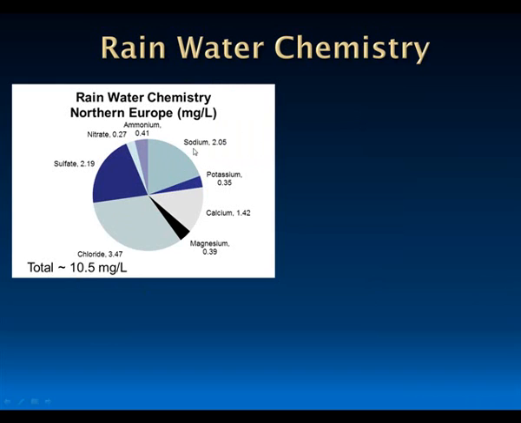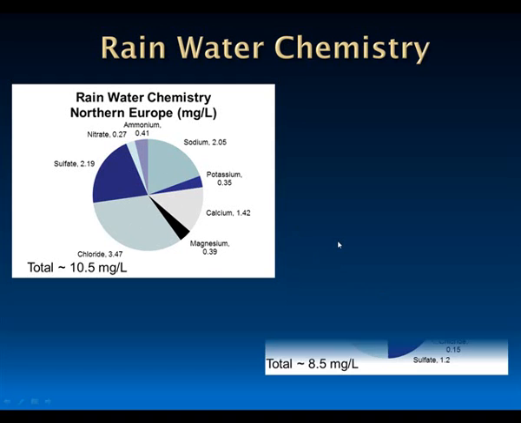And if we look here actually at the constituents, sodium and chloride are a big one. And there's a lot of sodium chloride in sea spray. And so if you think about waves hitting the rocks and blasting all of that salt water into the atmosphere, that's a good possibility for where some of that sodium chloride comes from.